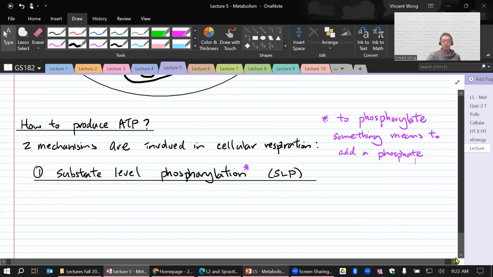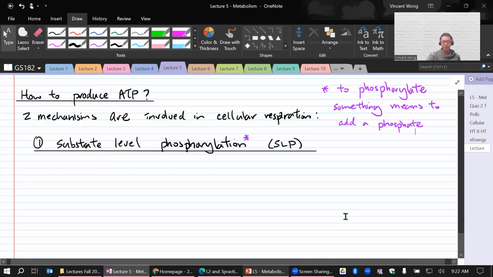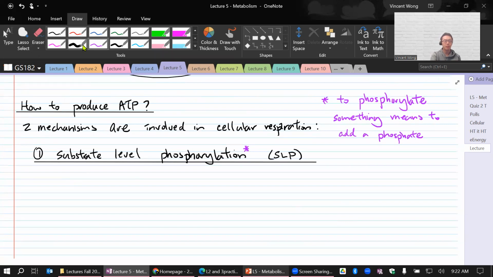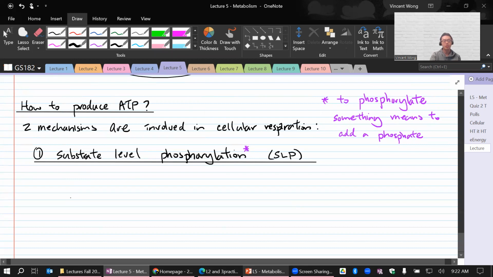All right. So the first way to do this is substrate level phosphorylation. What does that even mean? Okay, so I'm just going to draw you a picture to help you understand it. It involves three things.